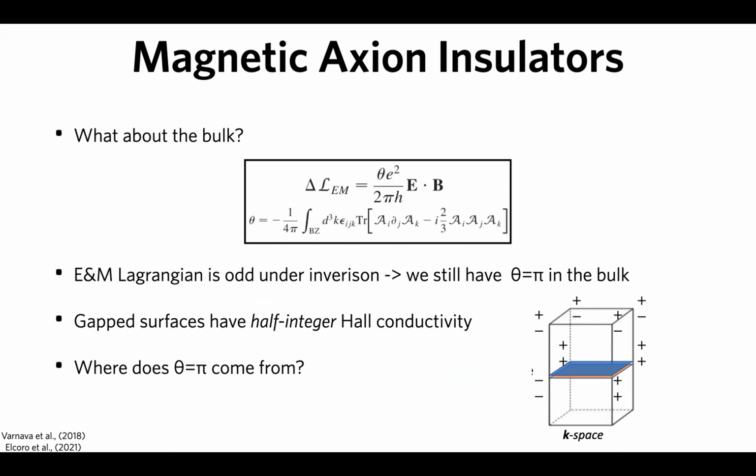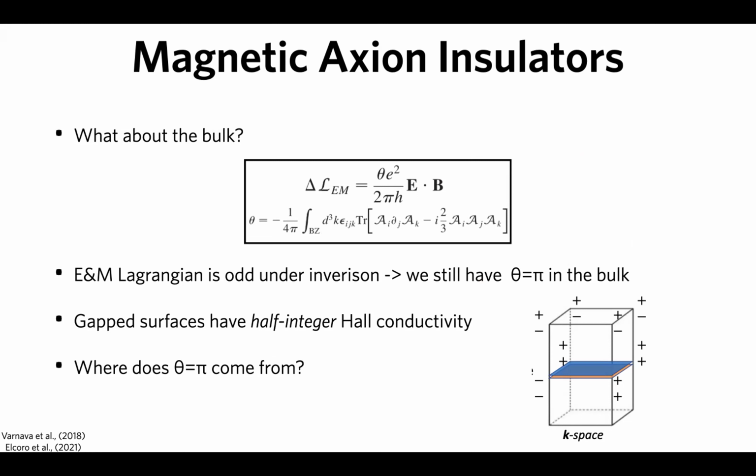There's this theta that's called the axion angle, multiplies E dot B in the Lagrangian, and this tells me that this system has a magnetoelectric polarizability. I apply an electric field, or apply a magnetic field, let's say, and generate an electric polarization. And this coefficient theta, which in an ordinary 3D TI we think of as being quantized by time reversal symmetry, here it's still quantized by inversion symmetry.